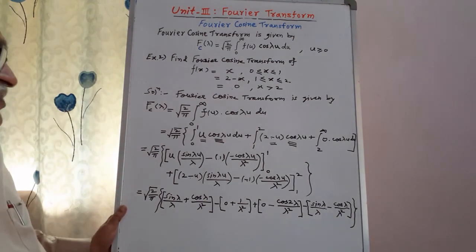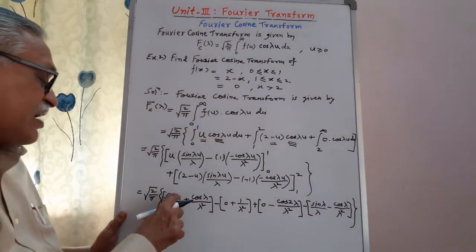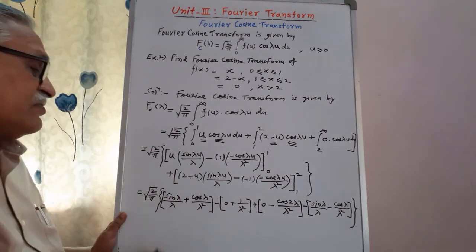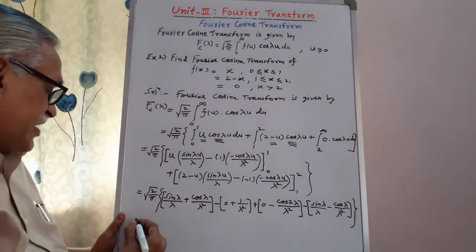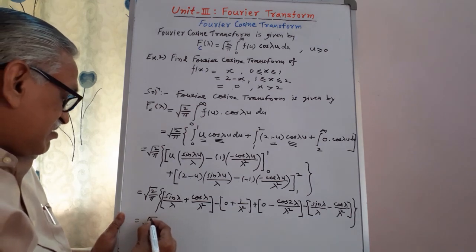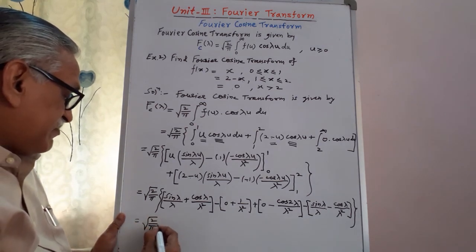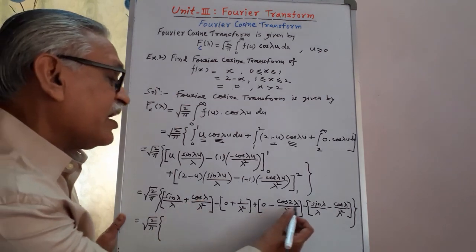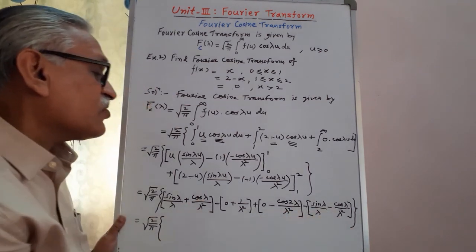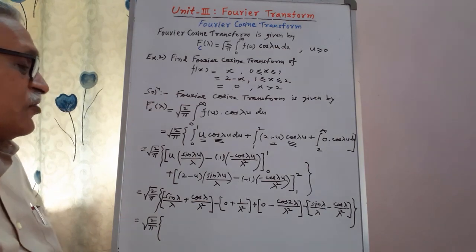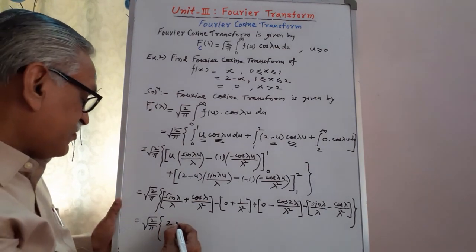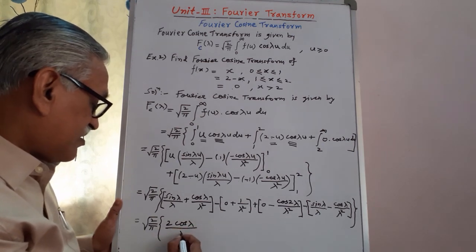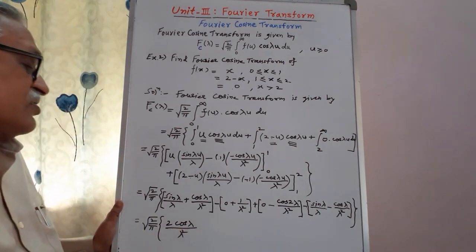And then simplifying it, the sin(lambda) by lambda terms, one with a minus sign, get cancelled. We get root 2 by pi, cos(lambda) upon lambda square and minus minus plus cos(lambda) upon lambda square, it becomes 2 times cos(lambda) by lambda square.